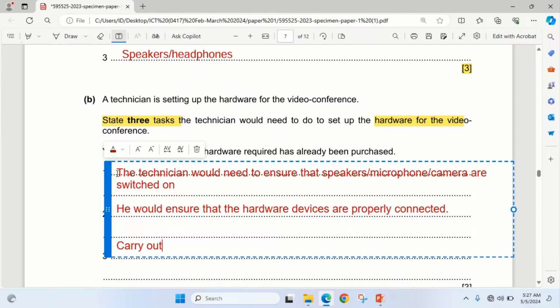Carry out tests on the hardware devices. You will need to test the microphone, whether it's properly connected and it's working, the camera or the webcam, the speaker. You need to test them. You also need to check the volume levels.